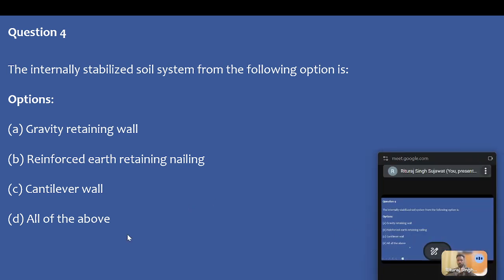So let's check the answer for this. The correct answer is option B, the reinforced earth retaining.